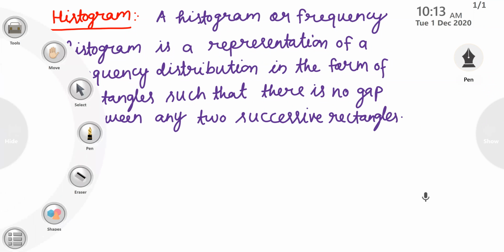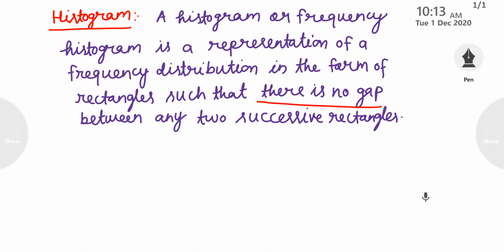This is a very important point. Underline: there is no gap between any two successive rectangles.